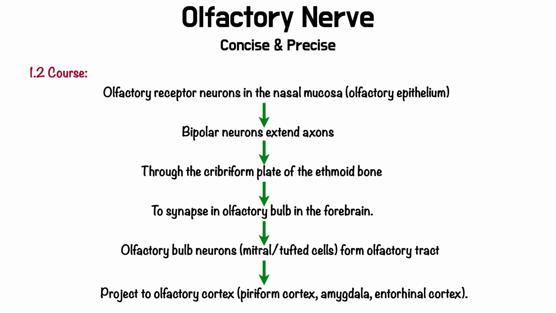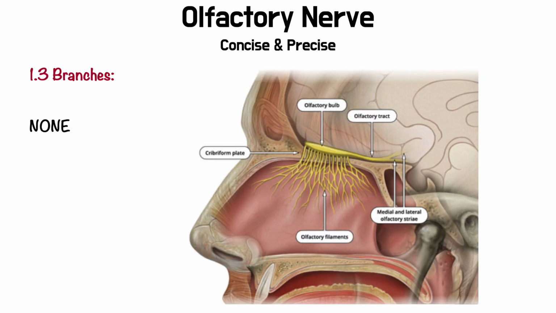That is why you need a region in the brain to decode what smell it is. So the olfactory tract projects to olfactory cortex, that is piriform cortex or amygdala or entorhinal cortex in the brain, right? So this is the precise course of the olfactory nerve, and there are no branches as I have talked earlier, and this is the reference image you can see.